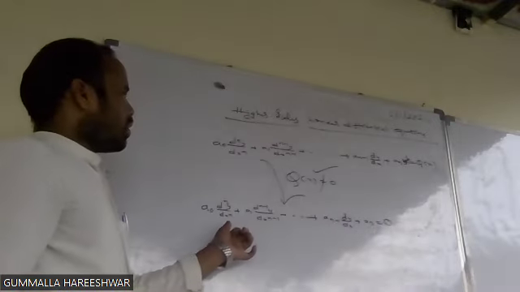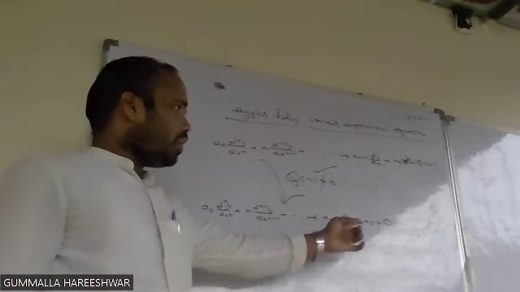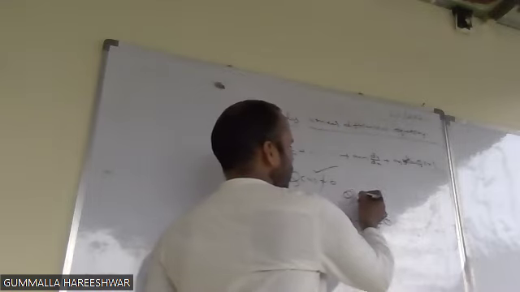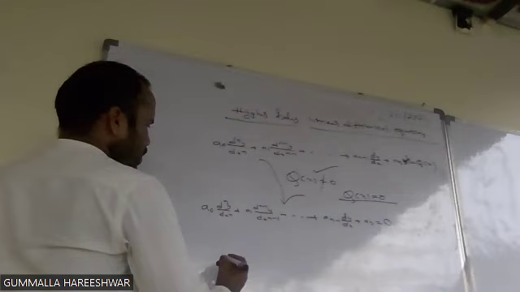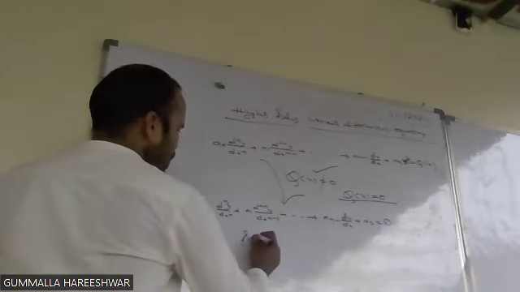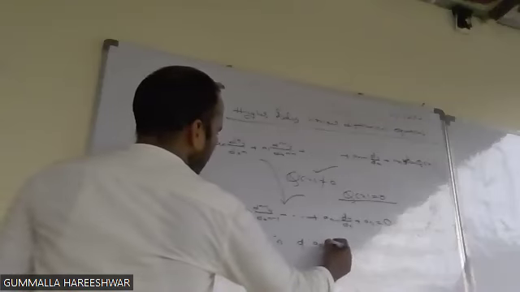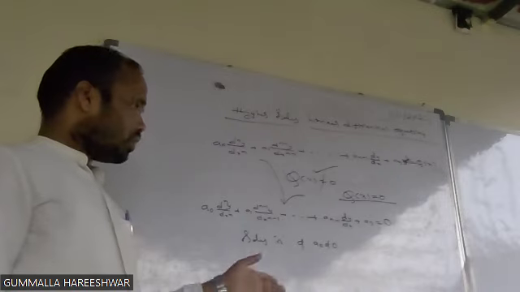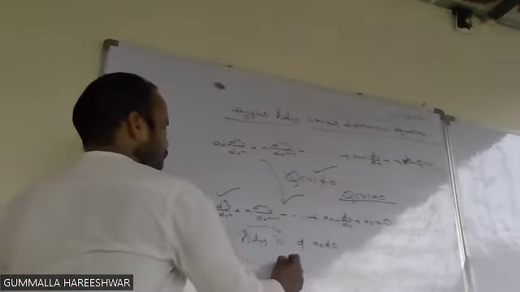So this is a higher order linear differential equation and homogeneous, because q of x is 0. The order is n, and a naught should be not equal to 0. If a naught is 0, the order does not exist.